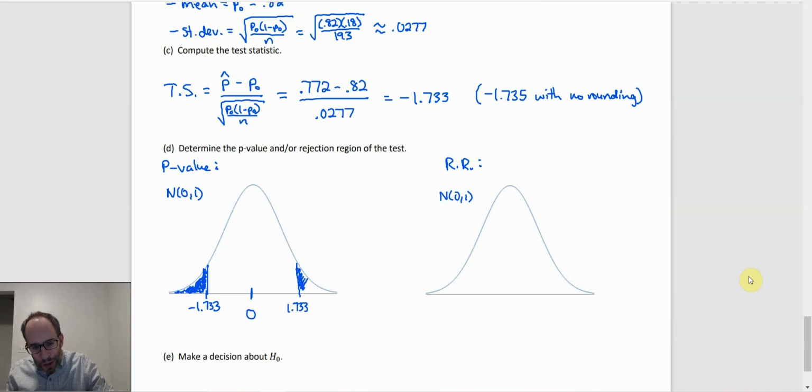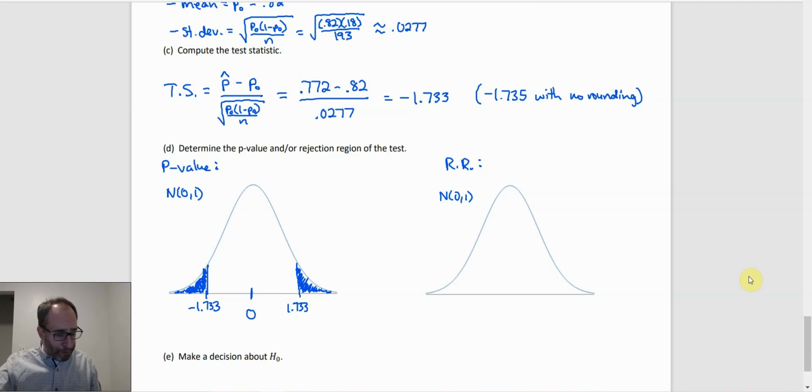So that's the one thing, if you're going to do all the steps yourself with the two-sided alternative, just make sure you watch out for that, that you do have to manufacture that second tail because the test statistic is only one number. It can only by itself give you one tail, but you can figure it out, right? I mean, it's a standard normal, it's centered at 0. So the tail, it's the same size on the other side. Just negate your test statistic, and that'll give you the other one.